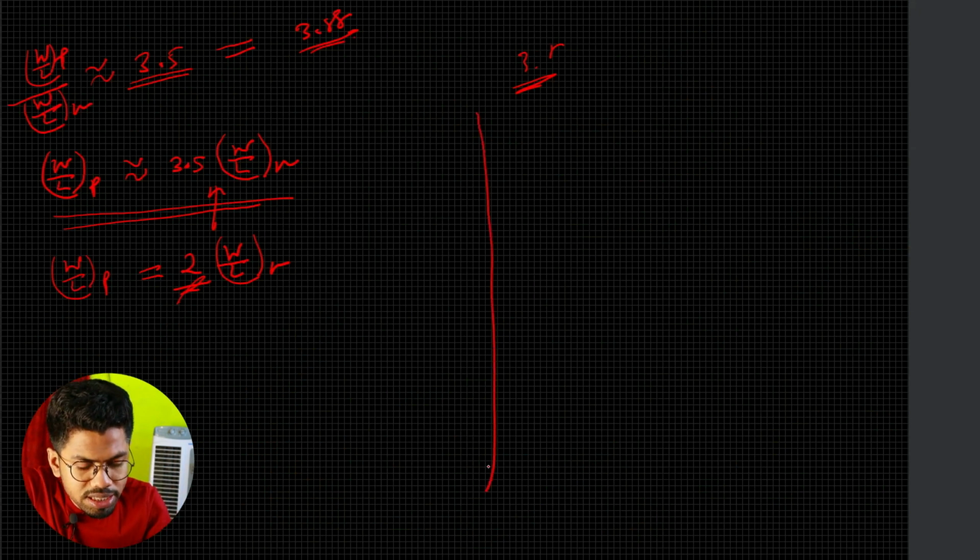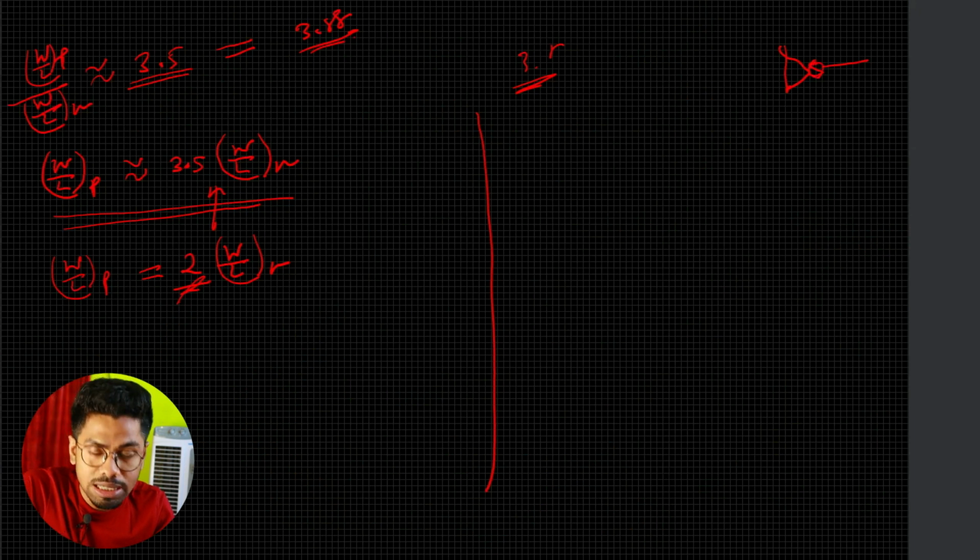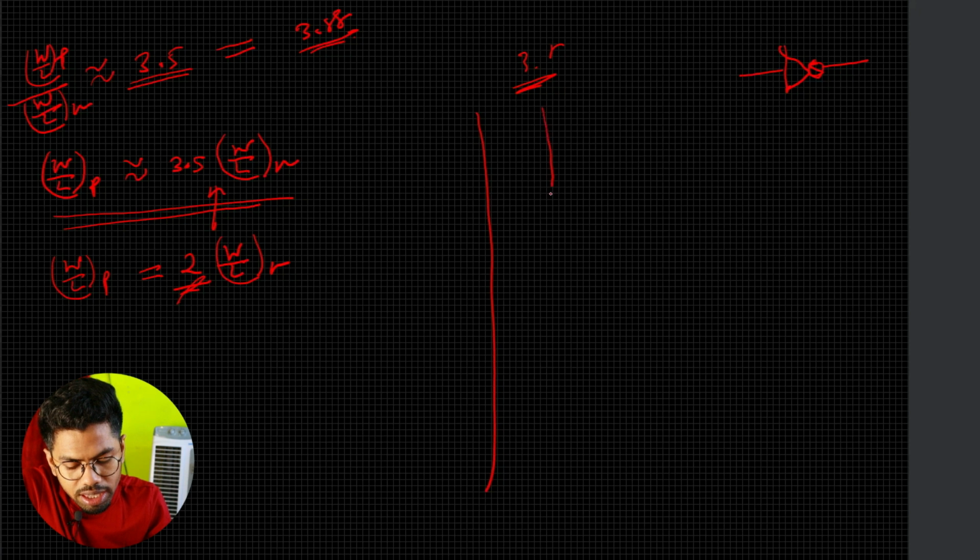So for example, this is your inverter. I hope you are familiar with this. This is the symbol of your inverter, and I am giving an input here, right? And your input is like this. It is low, then it goes up, and then it goes down, right?